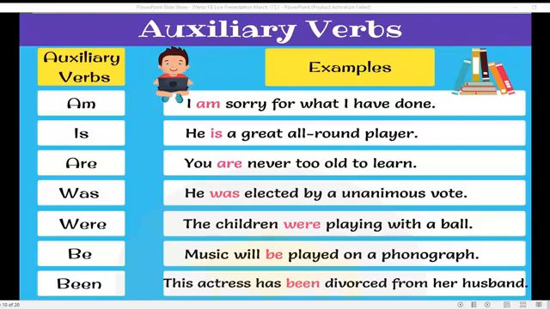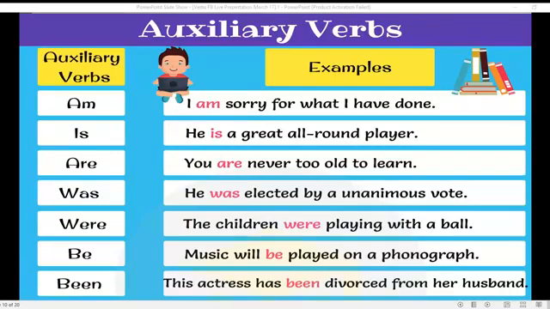You have to use am if the subject is I, or the first person point of view. The next one we have is, he is a great all-round player. So we have is as the auxiliary verb, and it connects he and the object of the verb, which is a great all-round player.